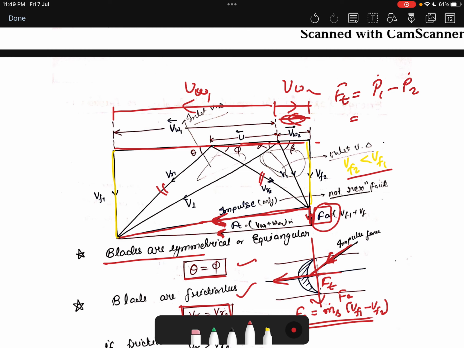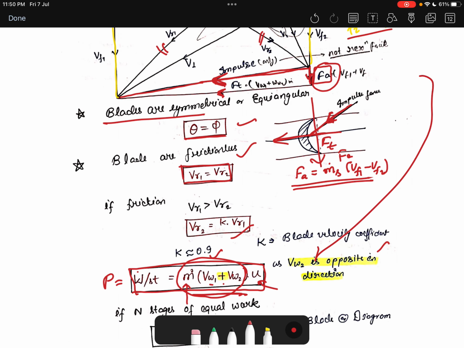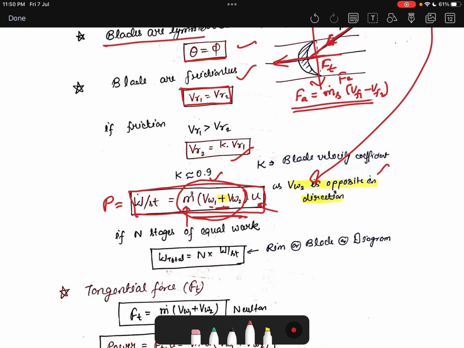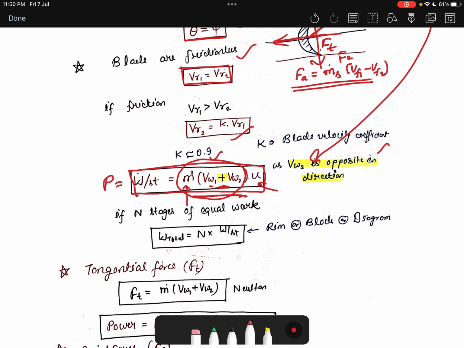The initial is m dot Vw1, minus m dot minus Vw2, because it is in the opposite direction. So it will be m dot (Vw1 plus Vw2). That's why there will be a plus sign in the case of a turbine.